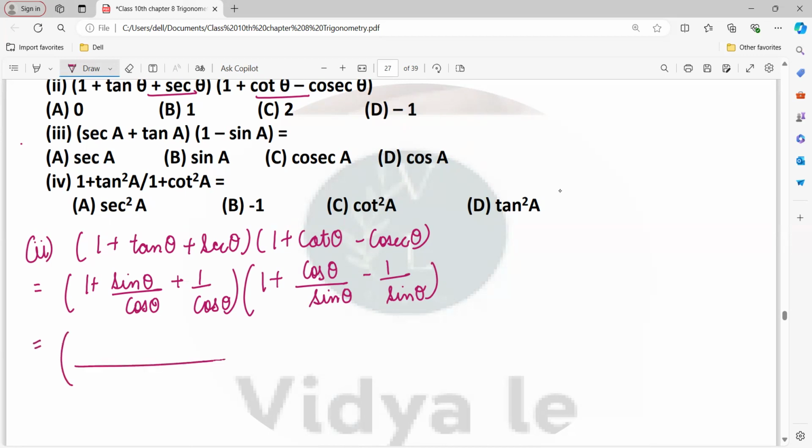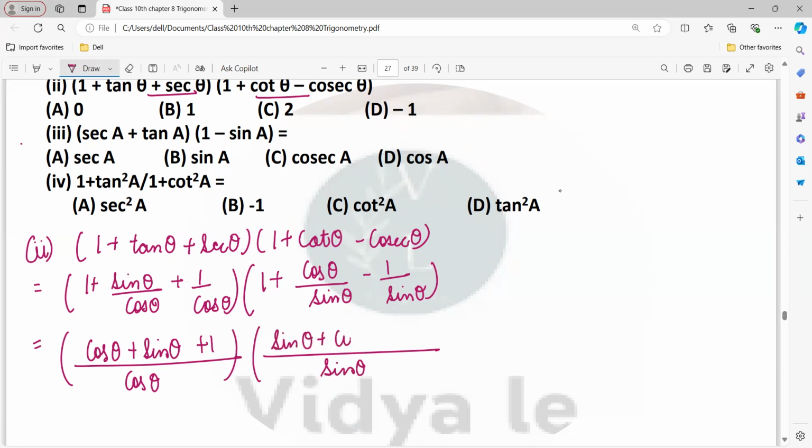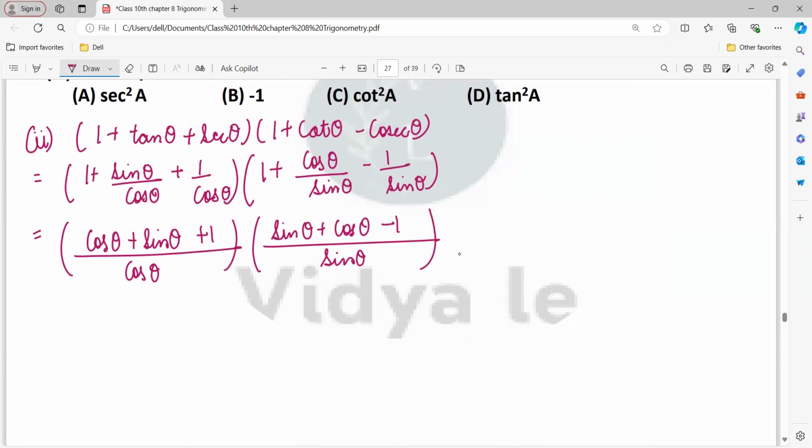In the first bracket, we got the LCM as cos theta and the numerator we got is cos theta plus sine theta plus 1. And in the second bracket, we got sine theta as LCM and in the numerator, we got sine theta plus cos theta minus 1, right? Now we need to multiply these two terms. So on multiplying, in the denominator we got cos theta into sine theta, right?